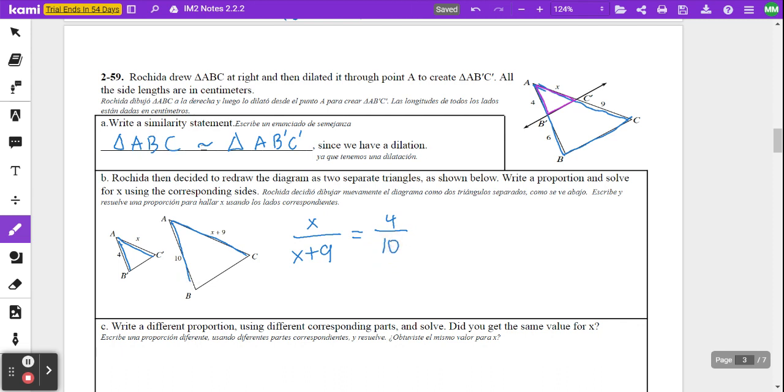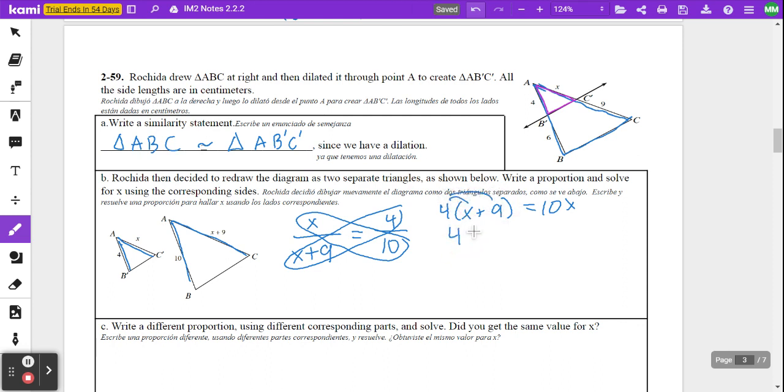Now I have to solve my proportion, so I'm going to cross multiply. 4 times x plus 9 equals 10x. Now I'll continue. I start with distribution.